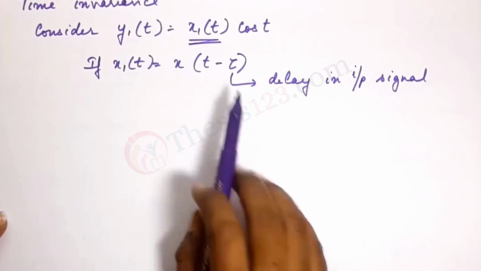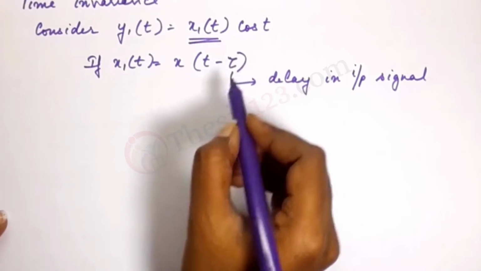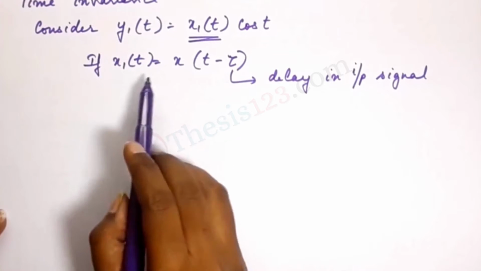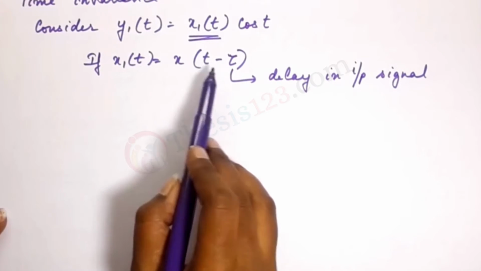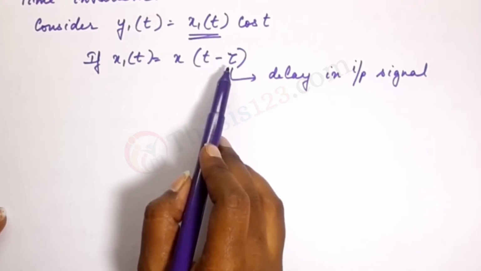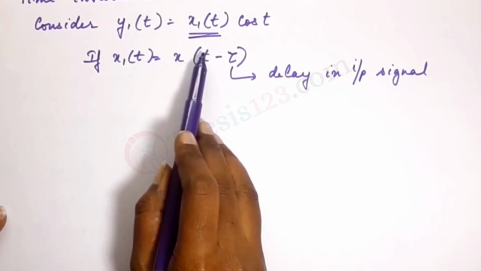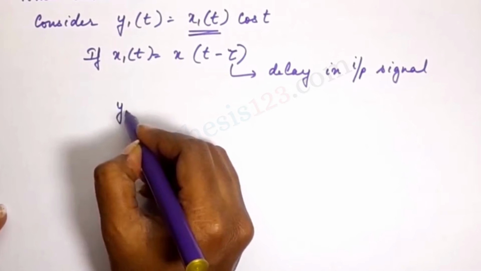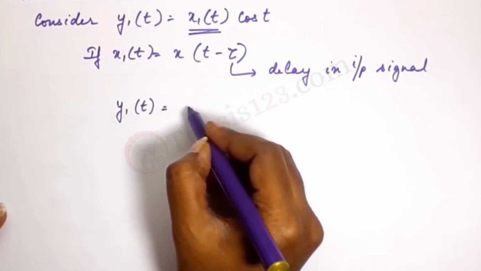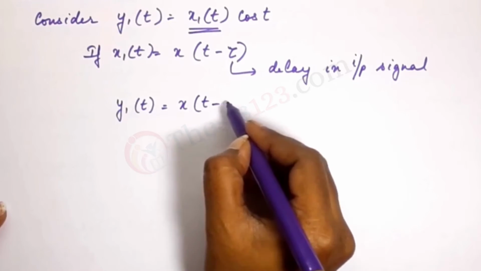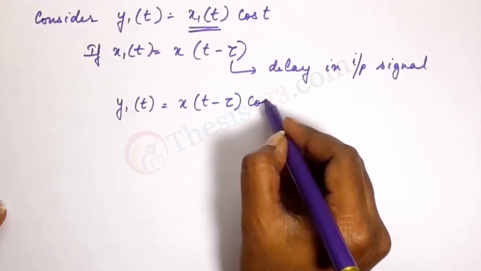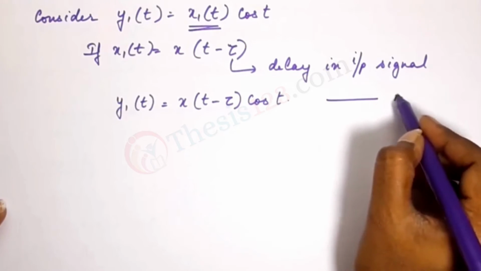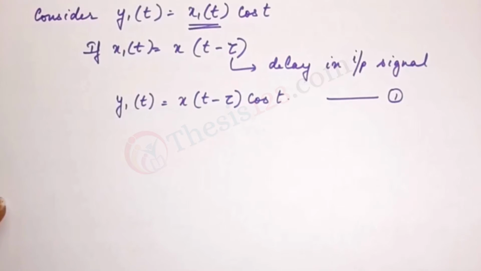So we are giving a certain delay to the input. So x1 of t is equal to x of t minus tau. Now let's substitute this in place of x1 of t and see what the equation becomes. y1 of t, the output, becomes x of t minus tau times cos t. Let's call this equation 1.